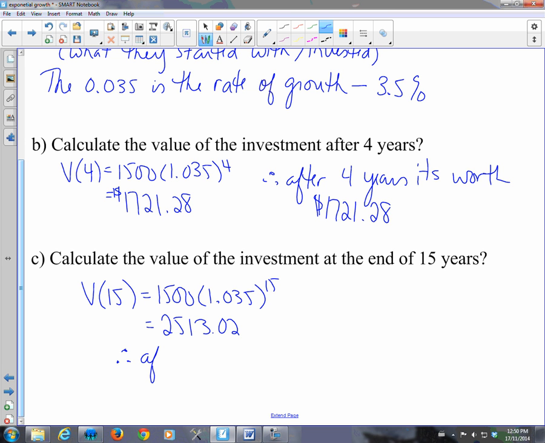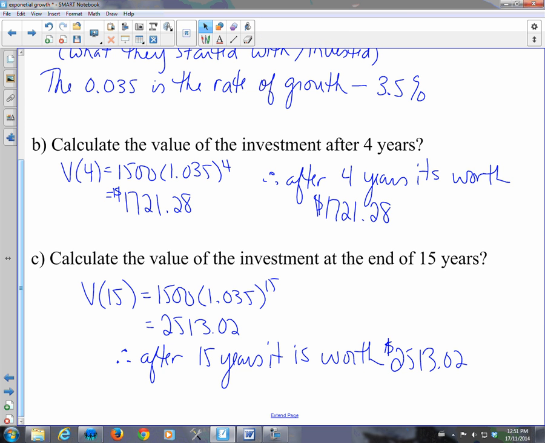Therefore, there we go. There is exponential growth. The initial amount times 1 plus the growth rate to your exponent, which is the time it's been invested for. All right.